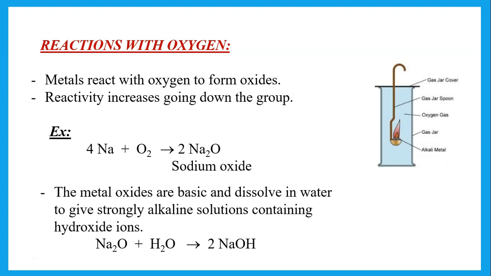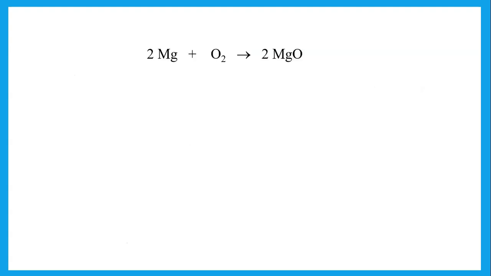This is because when they are dissolved in water, they form hydroxide ions. Remember, if we're asked why is something basic or alkaline, it is because when dissolved in solution, it forms hydroxide ions.